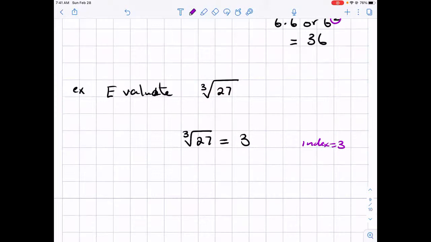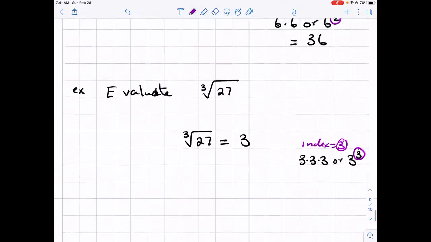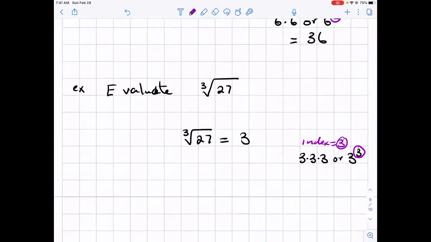So we have 3 times 3 times 3, or we can say 3 to the third power. And that's why if you multiply these, you get 27.